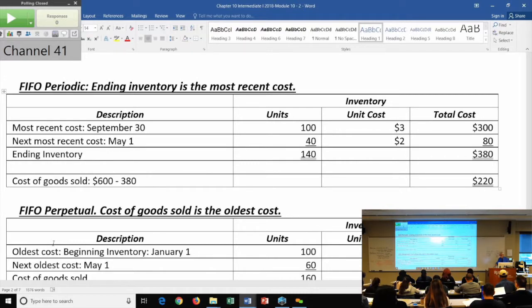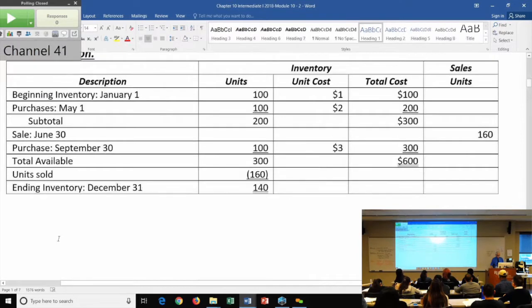For the cost of goods sold, the amount available is always constant at 600.